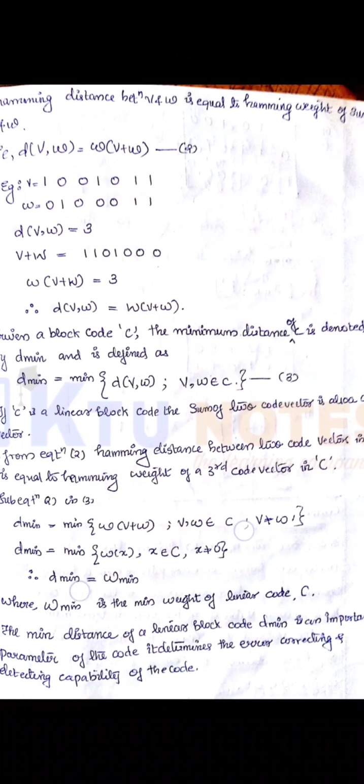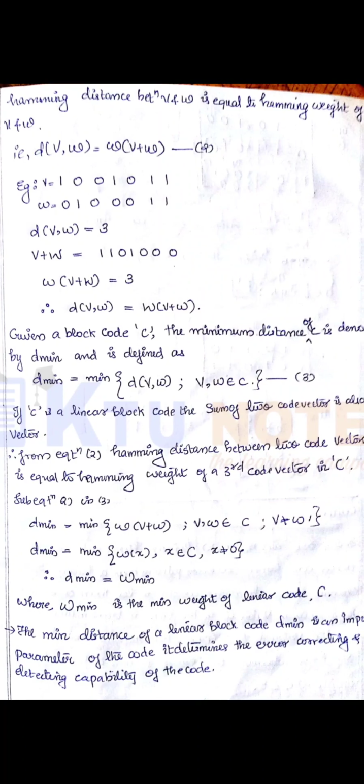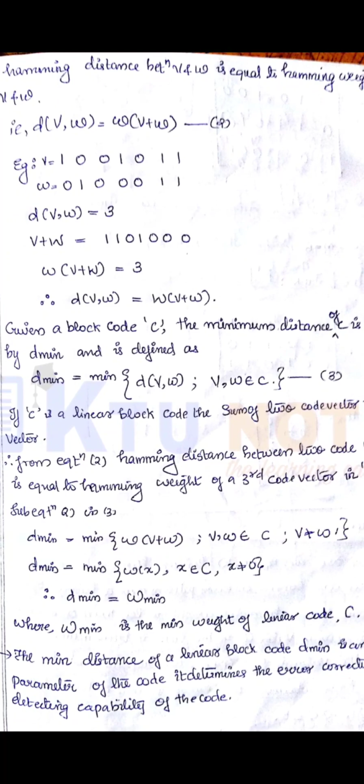From equation 2, the Hamming distance between two code vectors is equal to the Hamming weight of a third code vector in C. Substituting equation 2 in 3, we get d minimum is equal to the minimum of the weight of V plus W. V plus W is the third code word, which is also in C. So let it be X. So d minimum is equal to the minimum of the weight of X, where X is an element of C and X is not equal to 0.